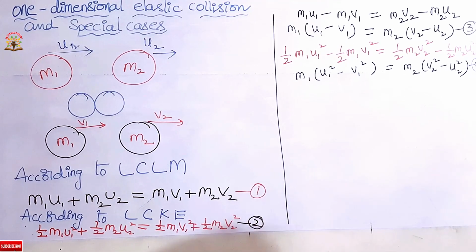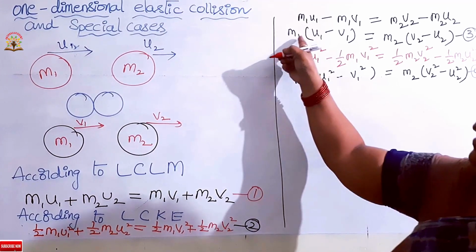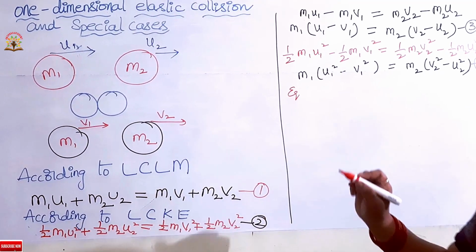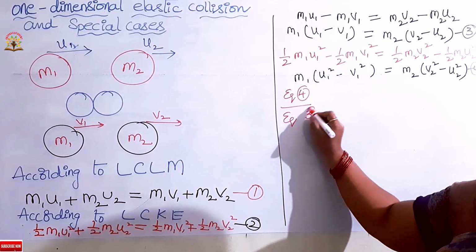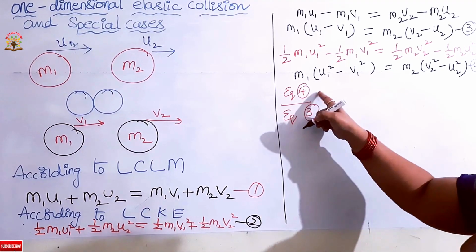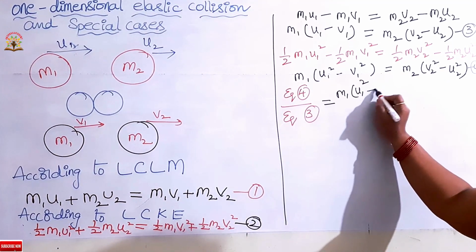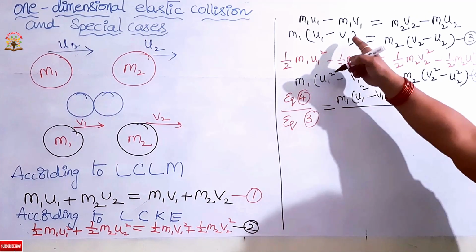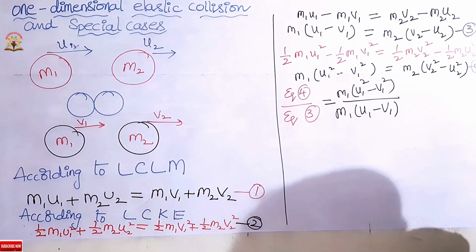Okay. Next. Now, equation 4 by equation 3. What is equation 4? m1 of u1 square minus v1 square, by, in the third equation, m1 of u1 minus v1.